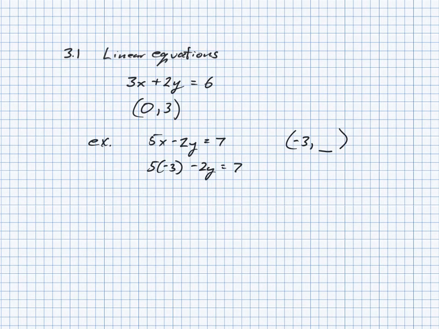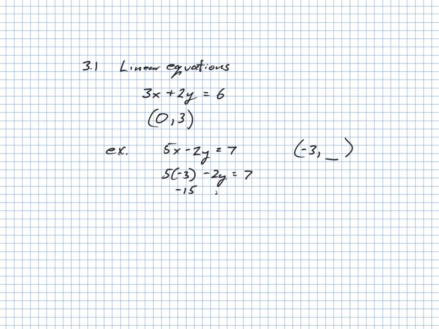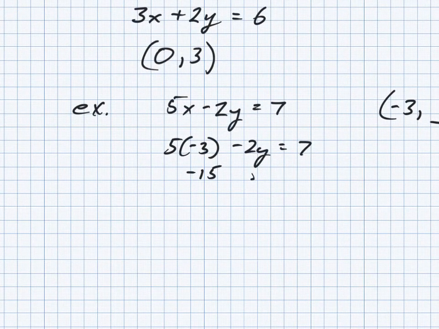-3 times the 5 is going to be -15 minus 2y equals 7. Adding 15 to both sides gives us -2y equals 22.